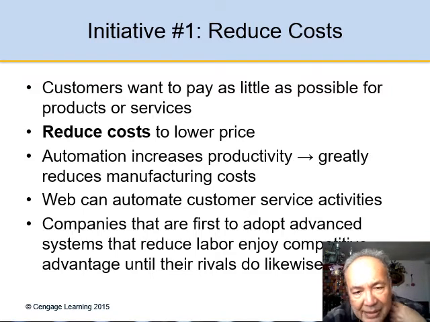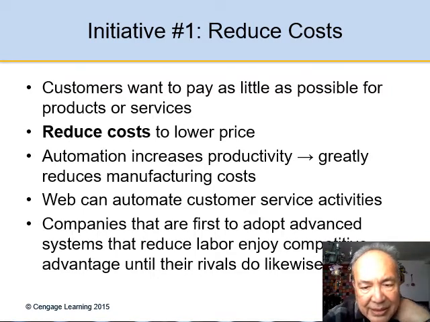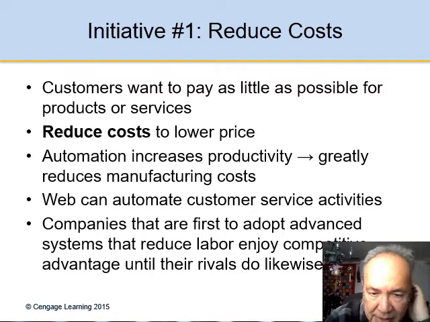So one by one, let's do these initiatives. Reduce cost. Customers want to pay as little as possible for products or services. Now, how do you reduce cost? Automation increases productivity and greatly reduces manufacturing costs. Once upon a time, the making of cars was done by human labor.